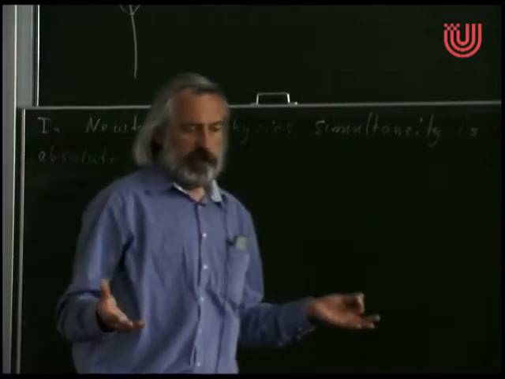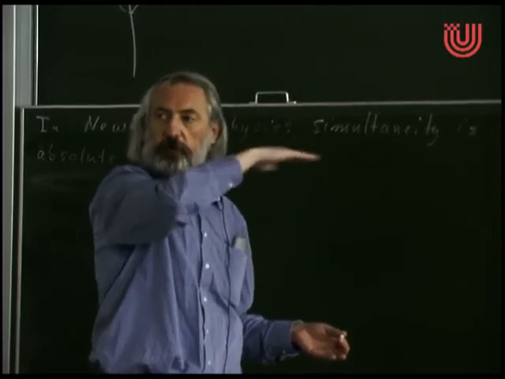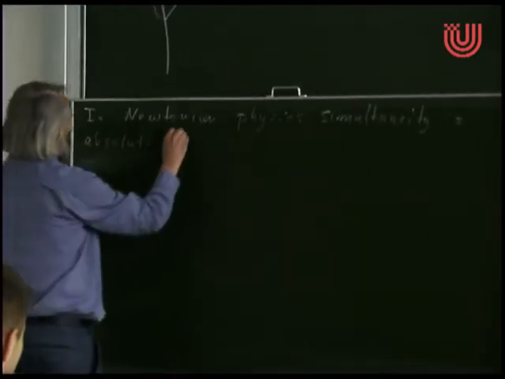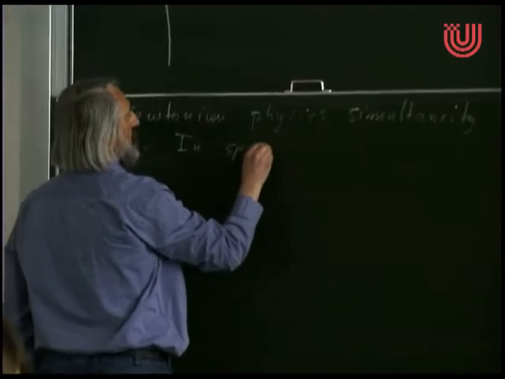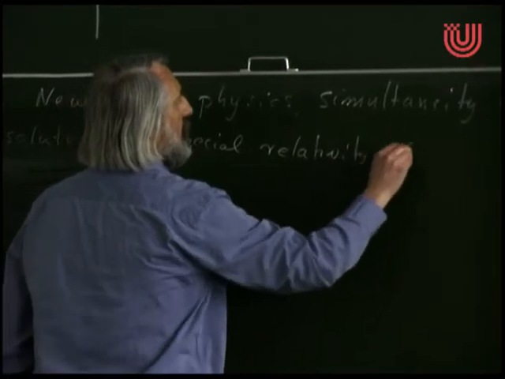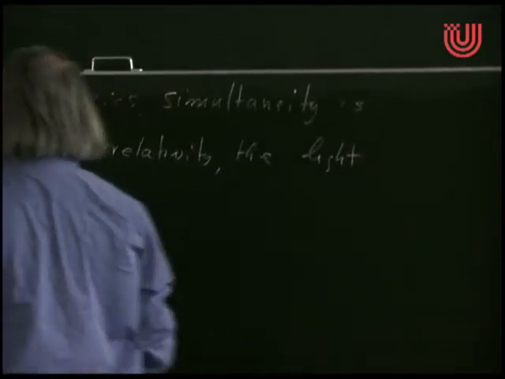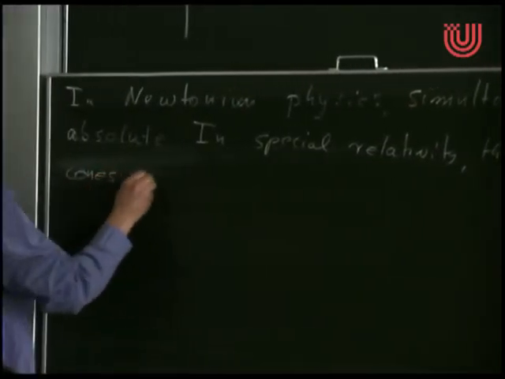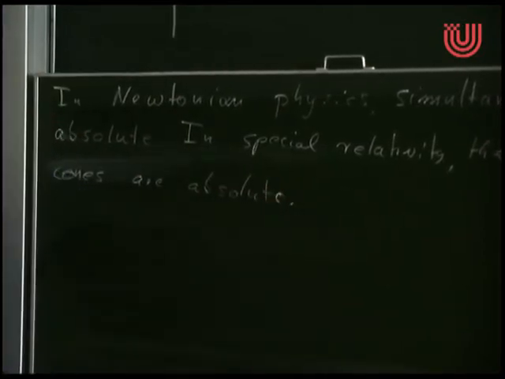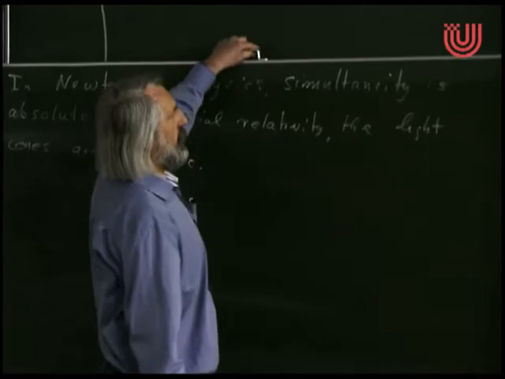Then the absolute element, which determines the geometry, is a slicing into hypersurfaces of simultaneity. That's something absolute, which all observers agree about. And in relativity, in special relativity, I should say, the light cones are absolute. So one absolute element is replaced by another one.